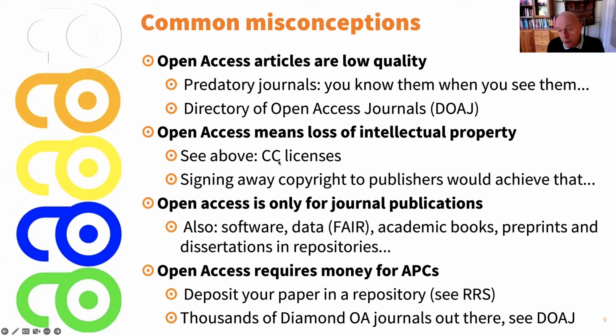You are the one to determine, of course, whether this journal corresponds to your field and responds to the requirements that you have for your articles. But definitely lower quality is not something that is typical for open access.